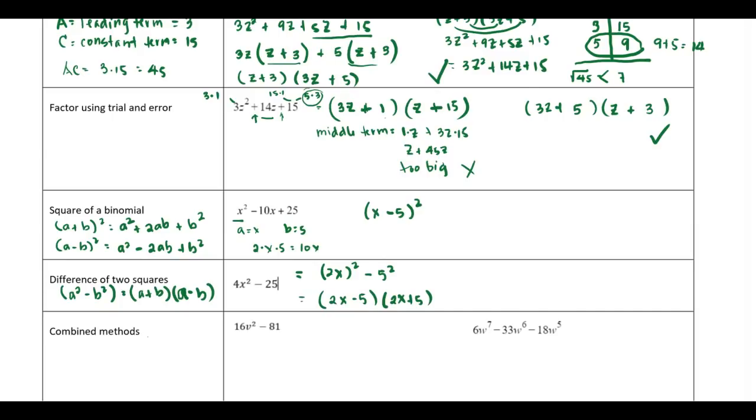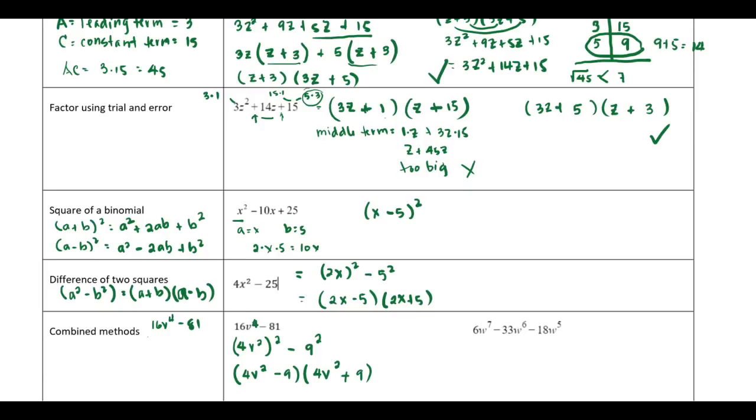Now you can combine the methods. For example, the problem is 16b to the 4 minus 81. So I can express this as 4b squared squared minus 9 squared. That's a difference of two squares. So I subtract the bases and add the bases and multiply them together.